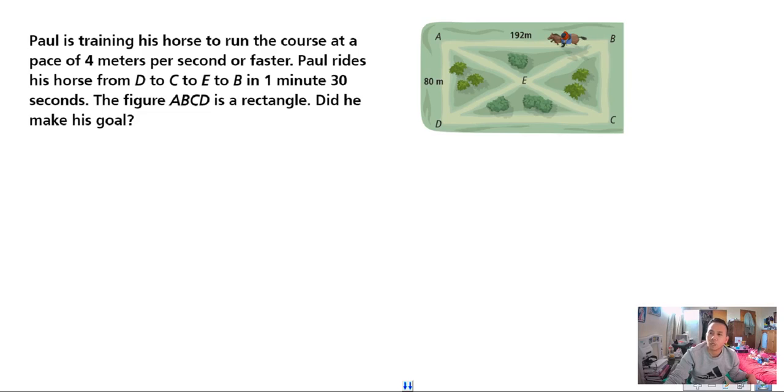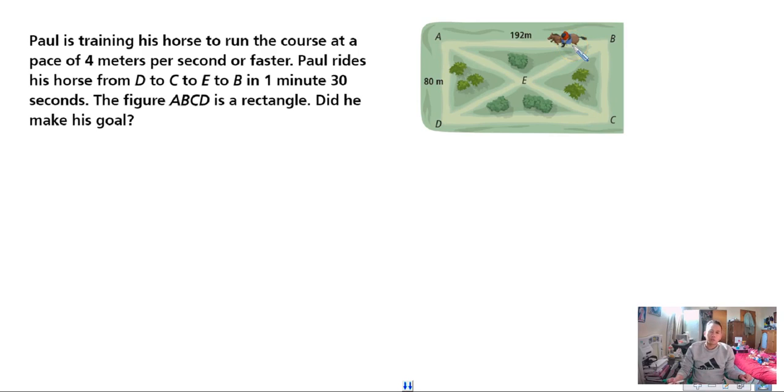One of the reasons why I put this one is because I want to integrate your Pythagorean theorem. In this example, we know that this is a rectangle, and your DB and AE are the diagonals, meaning they are congruent.